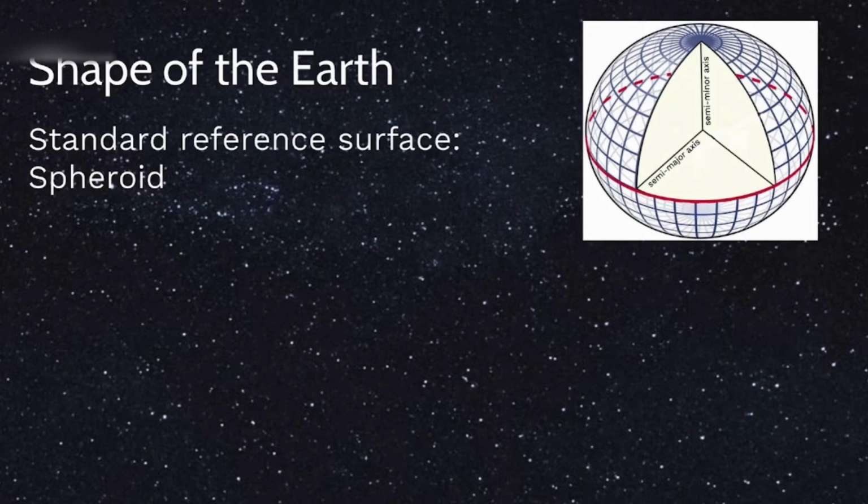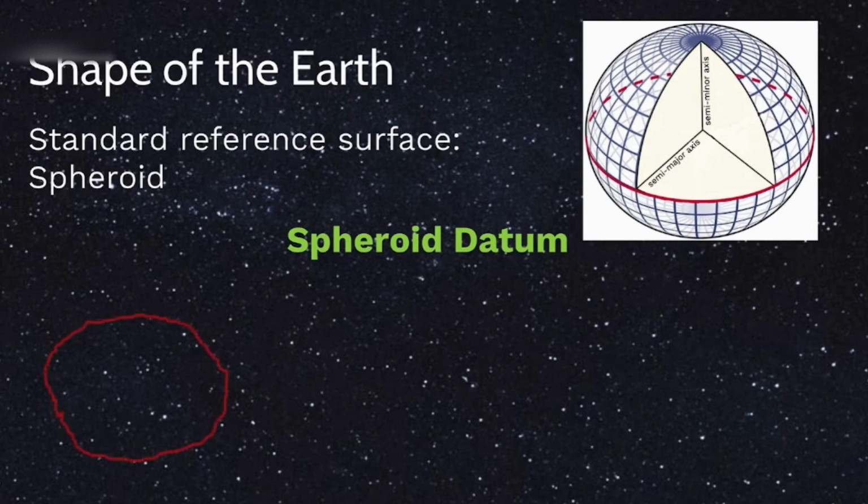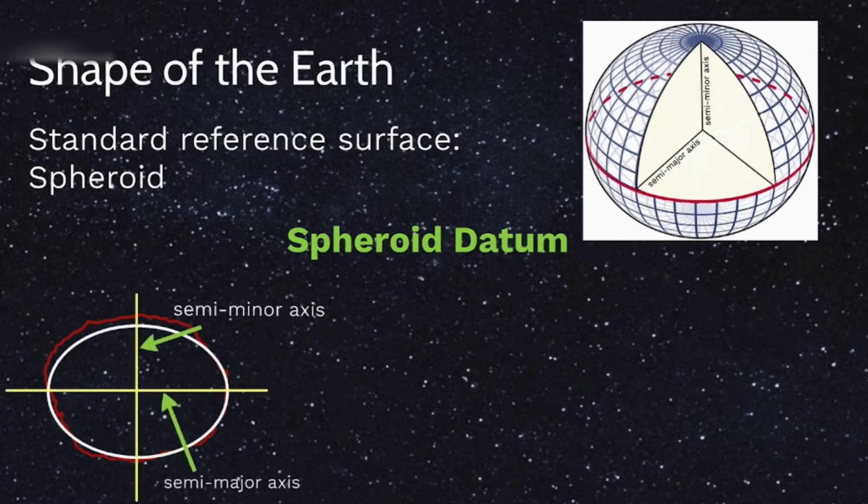We use different spheroids to approximate Earth's shape. In this illustration, the red outline represents a cross-section of the Earth's surface and the white line represents a spheroid. In this case, the center of the spheroid is placed such that it does not coincide with the center of Earth's mass, but better fits the bottom right part of the cross-section.